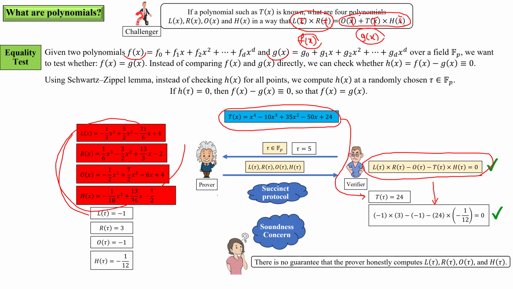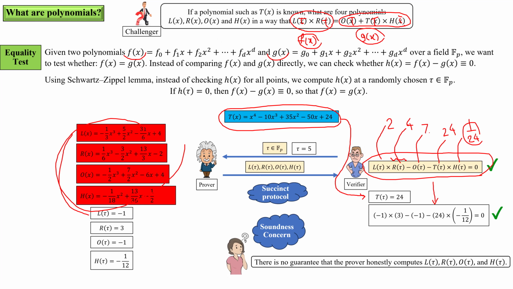So the prover just sends random values that satisfy this equation. For instance, the prover sends for L of tau maybe 2, and for R of tau maybe 4, right? And then for O of tau maybe 7. For T of tau it is equal to 24, and then for H of tau 1 over 24, right?